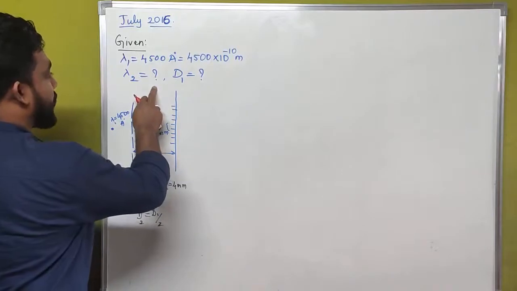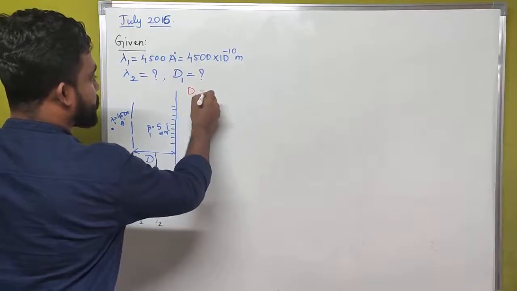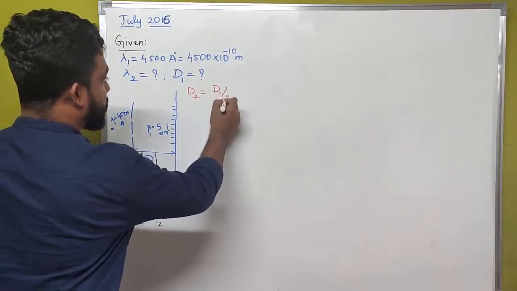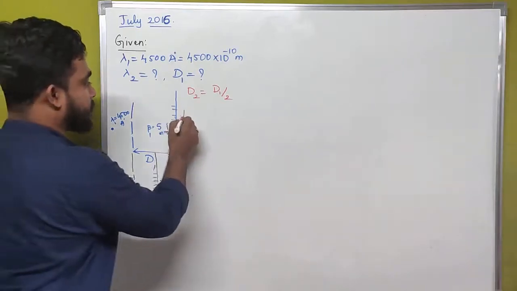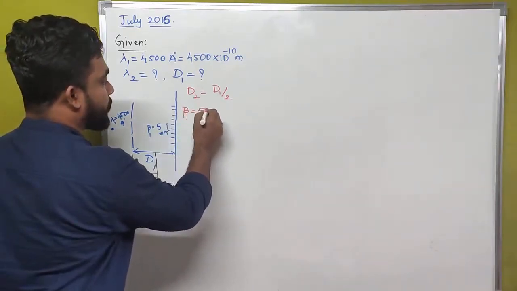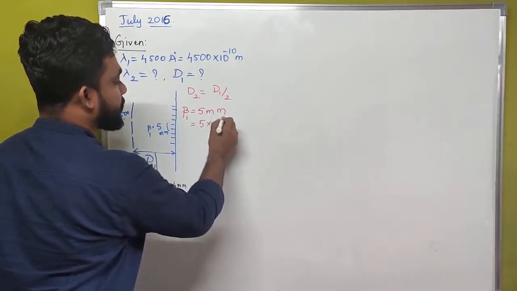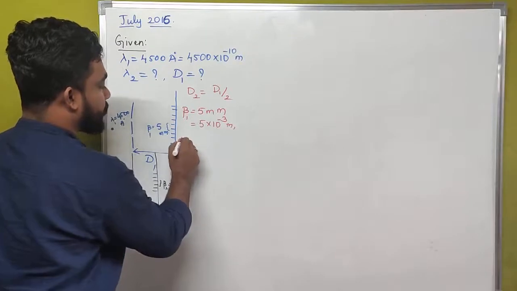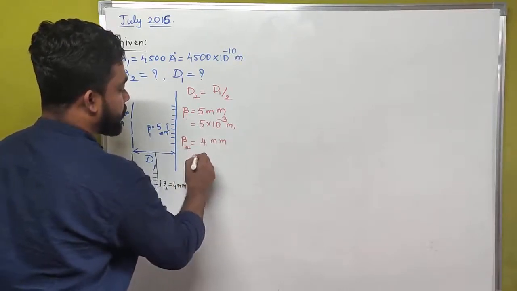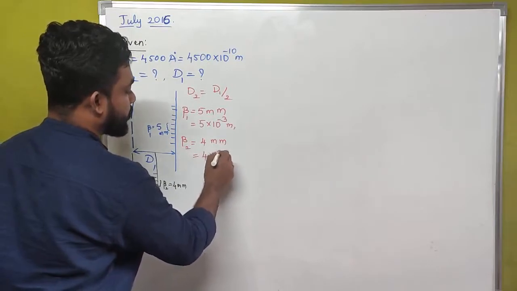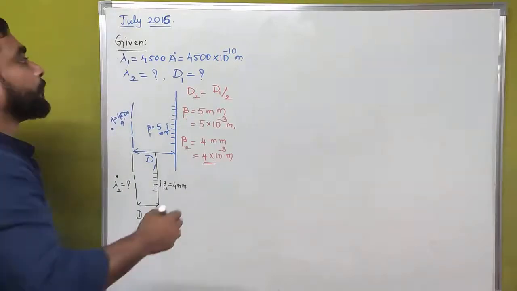That is lambda 2 we don't know, d1 we don't know, and d2 is equal to d1 divided by 2, and beta 1 is equal to 5 millimeter. 5 millimeter means 5 into 10 to the power of minus 3 meter, and here what we have, beta 2 is equal to 4 millimeter. That is nothing but 4 into 10 to the power of minus 3 meter. These are the things actually we know.